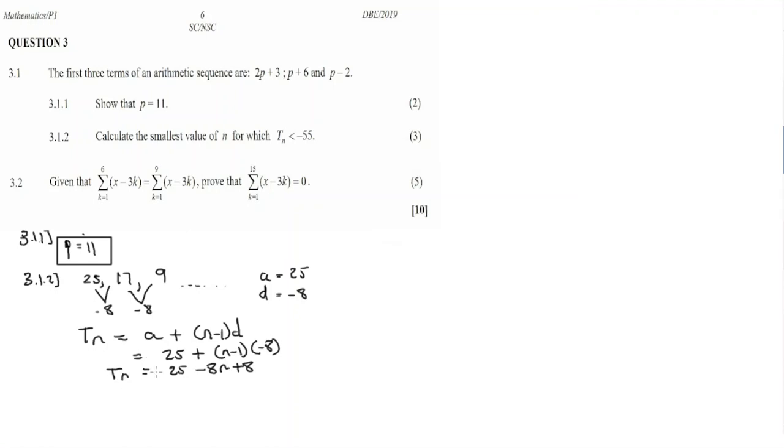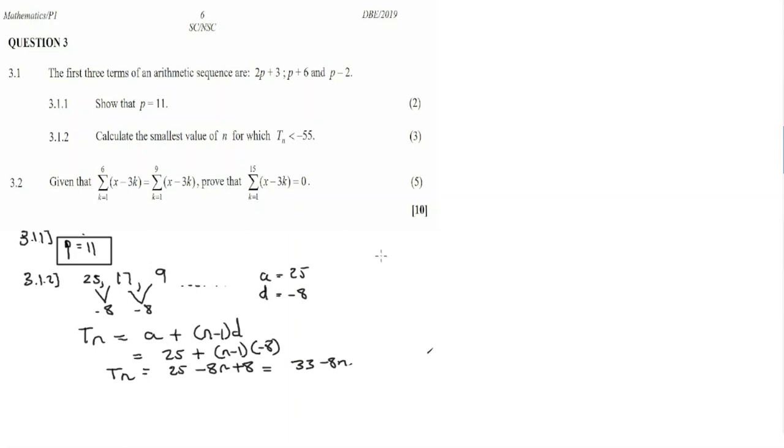So therefore Tn is equal to 33 minus 8n. So therefore saying general term which is equal to 33 minus 8n.